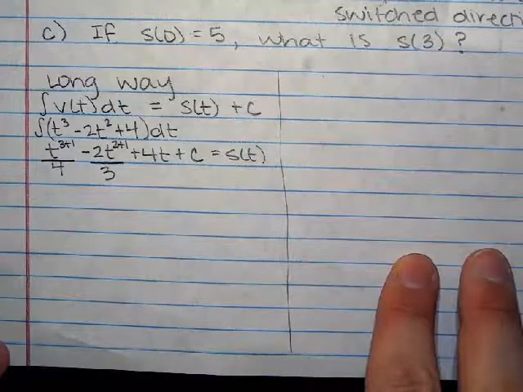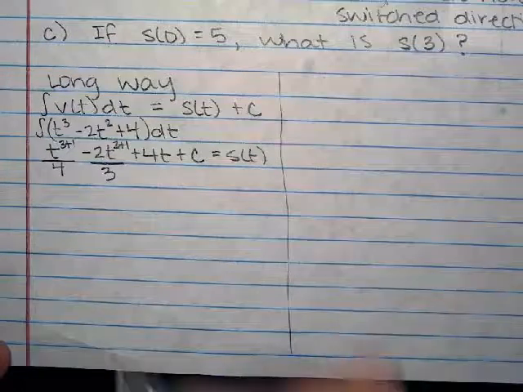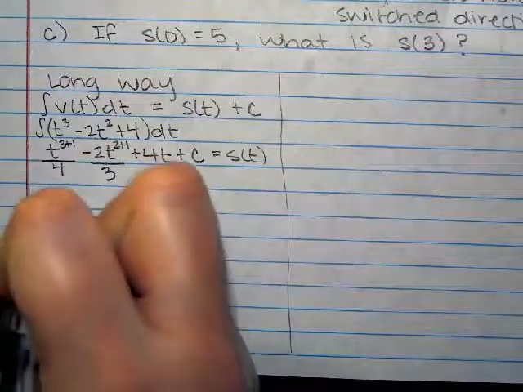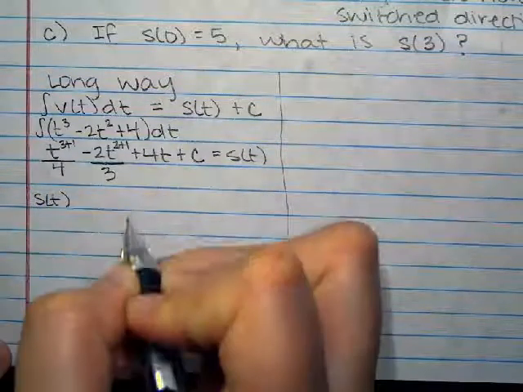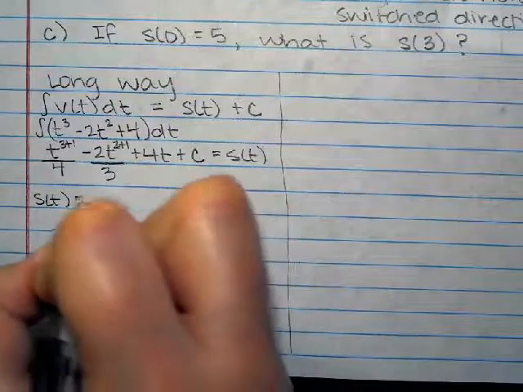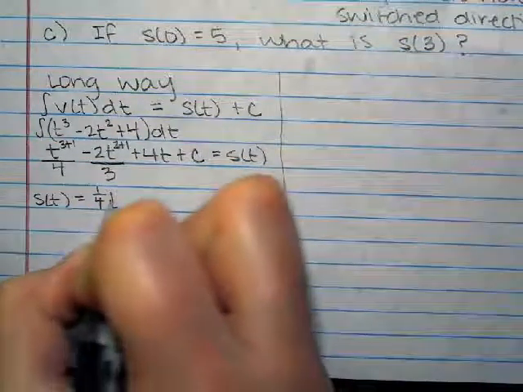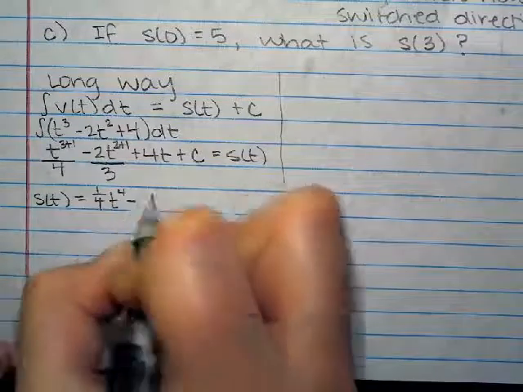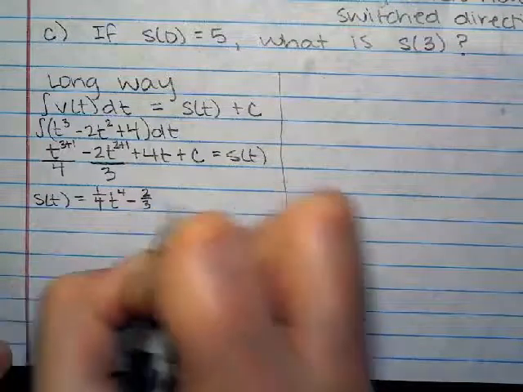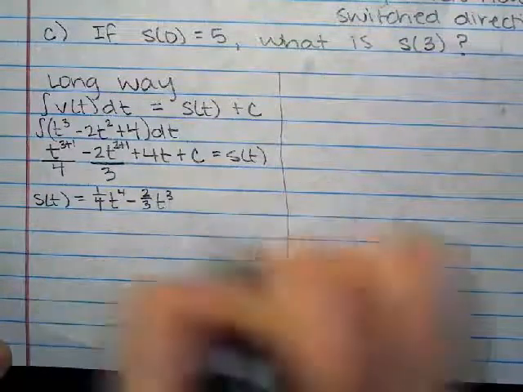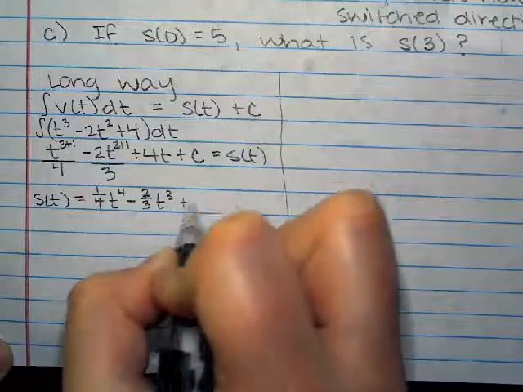So we have that s of t equals 1/4 t to the fourth minus 2/3 t to the third plus 4t plus c.